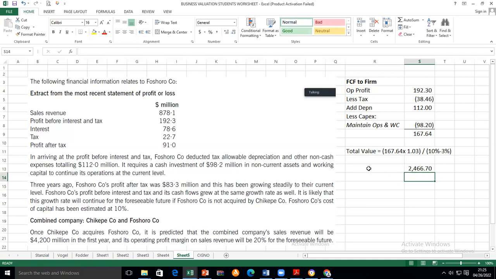This is the total value of the company. What does total value mean? That's the total value of the company. So value of equity equals, what is the proportion of equity in this company?